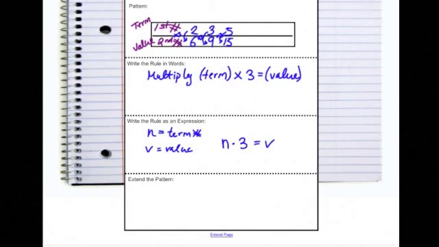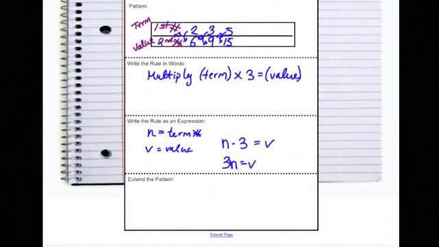Another way to write multiplication of a number and a variable is to put the number in front of the variable and leave out the multiplication sign. For example, 3n will also equal v. Either of those equations will work in order to write my rule as an expression.